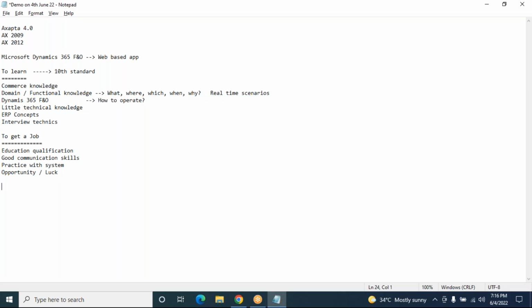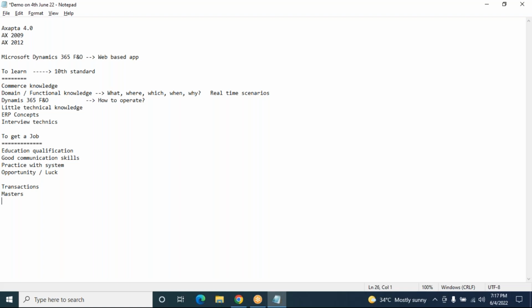Whenever you are learning, first I will teach you about transactions. Transactions means vendor invoice, vendor payment, customer invoice, customer payment. There are so many transactions I need to teach you. After that, you need to learn masters, meaning vendor account, customer account, chart of accounts, fixed asset, item master.